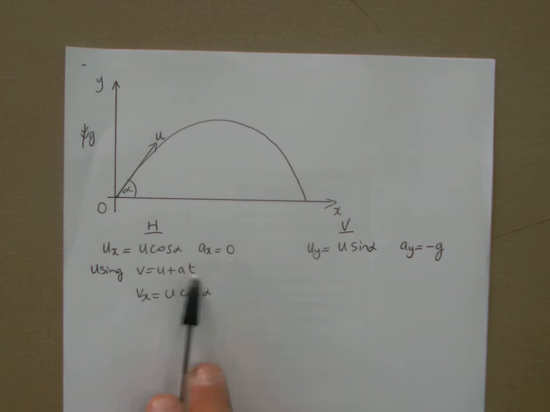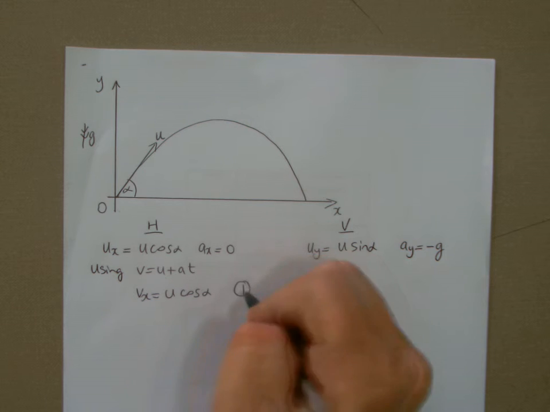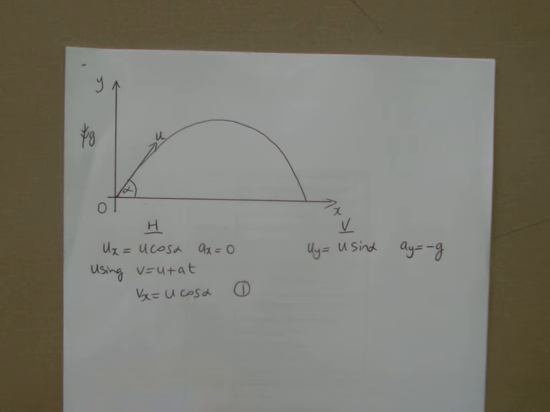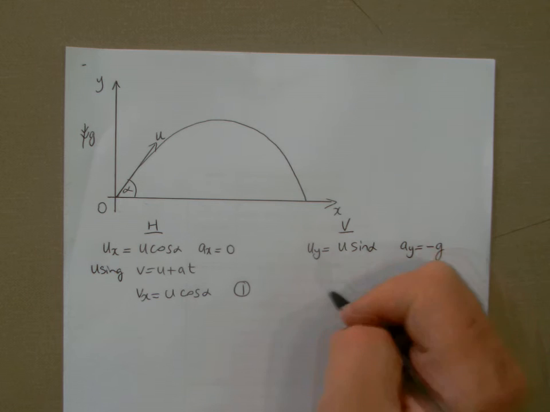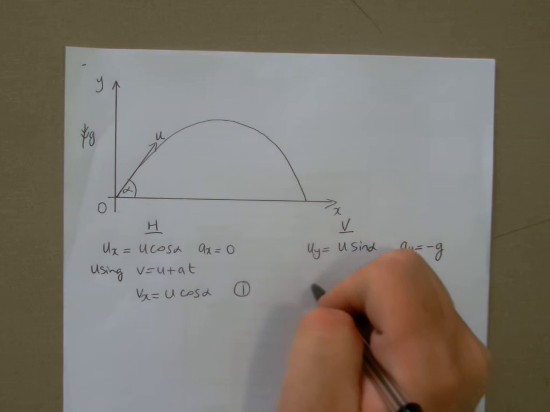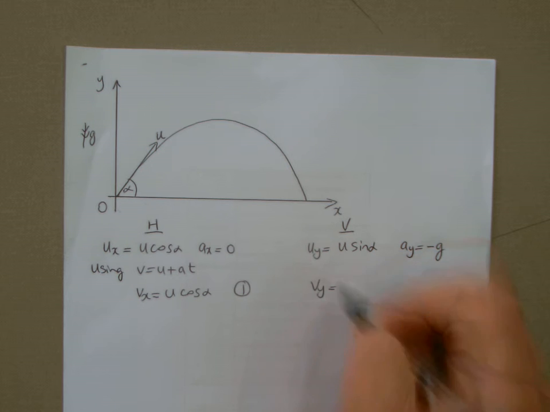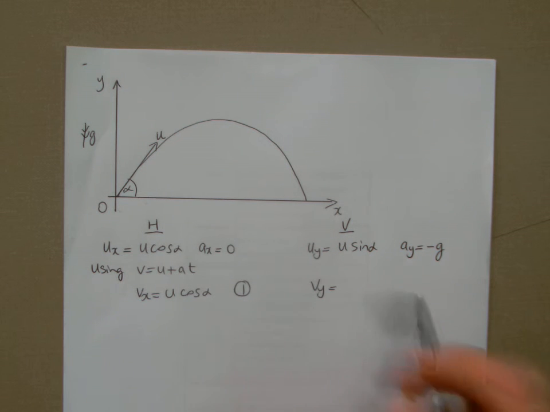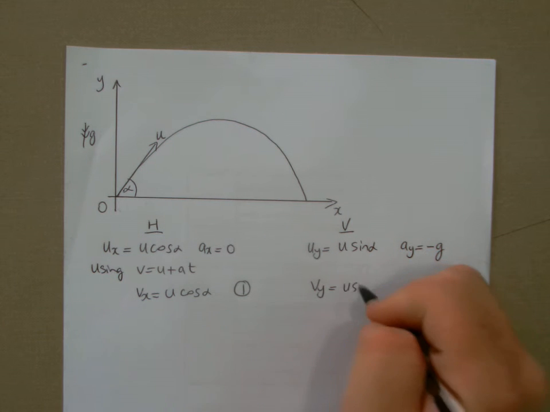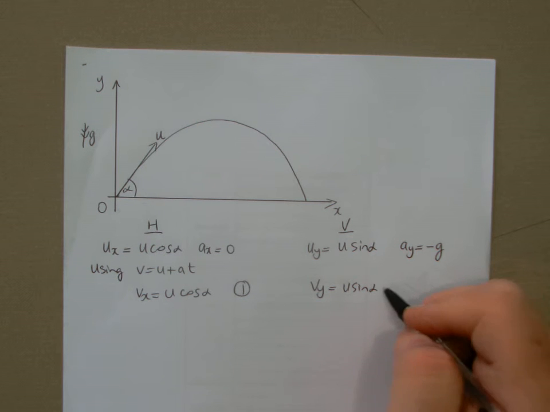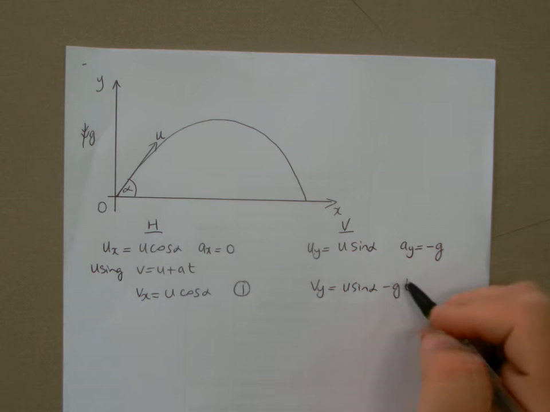Well, a is 0, so you're adding nothing on, so my first equation is there, and that will stay the same. That will be a constant, based on whatever u and alpha is, so it'll never change. Then for the vertical component of the velocity, u is u sine alpha, and then of course in this case we've got minus gt, because acceleration is minus g.